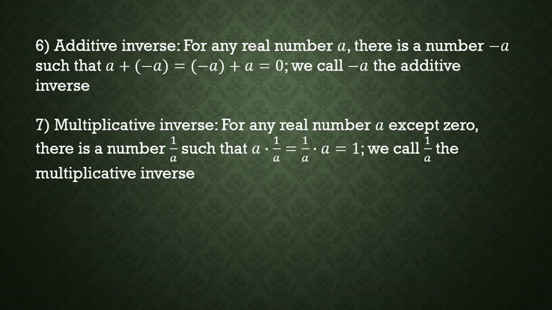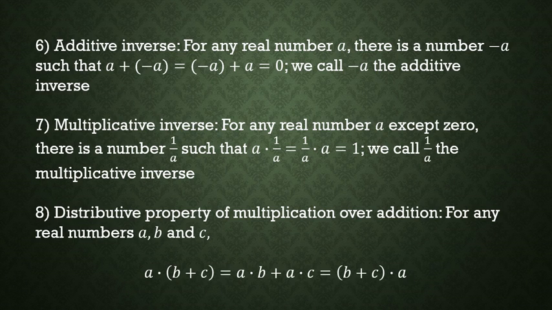That multiplicative inverse is 1 over a, and when you multiply a and its multiplicative inverse, you get the multiplicative identity 1. And the last property here, the distributive property of multiplication over addition for any real numbers a, b, and c. If I do a times the quantity b plus c, this is equal to a times b plus a times c, and that also works if I switch it, the quantity b plus c, times a. Still gives me that same thing.